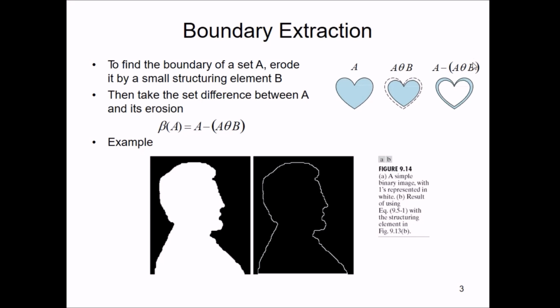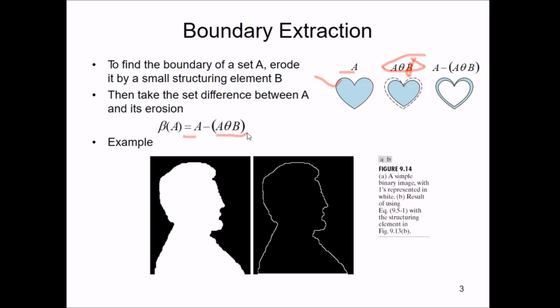To find the boundary of set A, what we do is we erode this set A by a small structuring element B. We take a small structuring element, erode A by this structuring element B, and then we take the set difference between A and this eroded result.